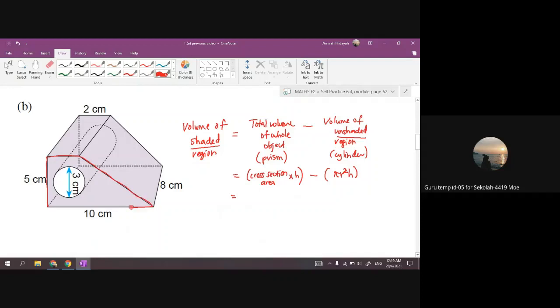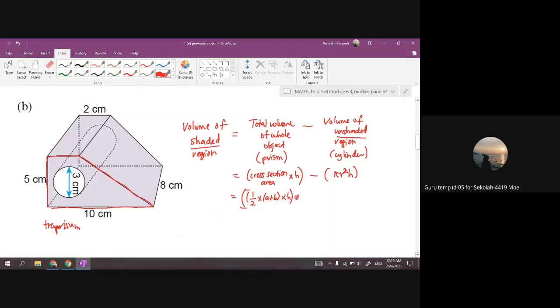So the formula for trapezium, which is the cross section area, is 1/2 times (A plus B) times height.